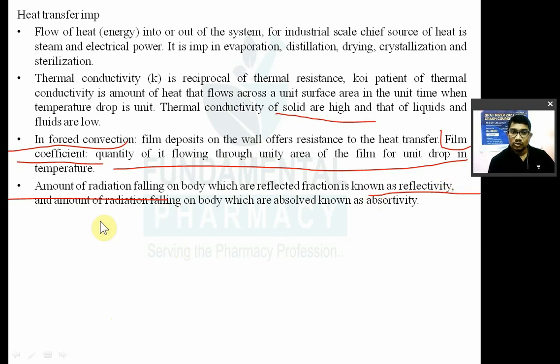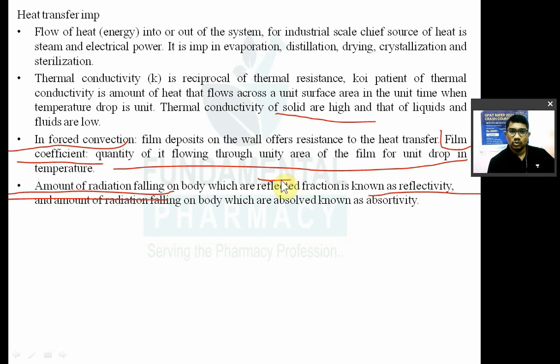So मान लीजिए there is some body in the sunlight, say for example a piece of metal, उसके ऊपर जब sunlight गिरता है, so amount of radiation falling on the body, okay, which are reflected. अगर वहाँ पे मेटल की जगह ग्लास होगा तो वो क्या करेगा, रिफ्लेक्ट करेगा. So suppose that glass is there in a sunlight, so it will reflect the radiation.